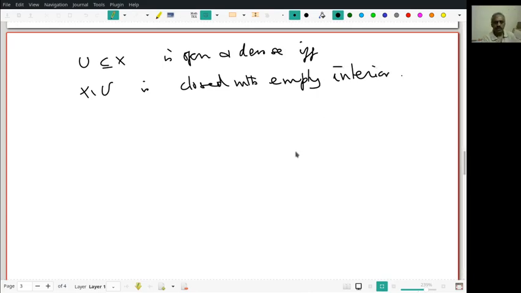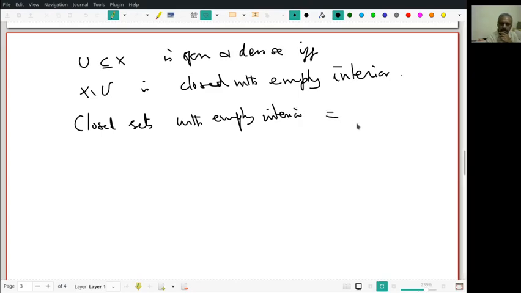Closed sets which have empty interior are known as nowhere dense sets. So closed sets with empty interior, this is the definition of a nowhere dense set.